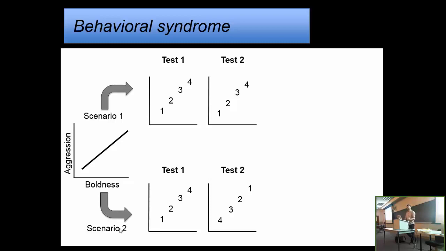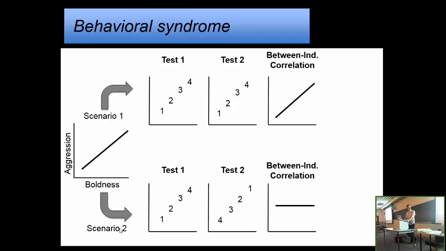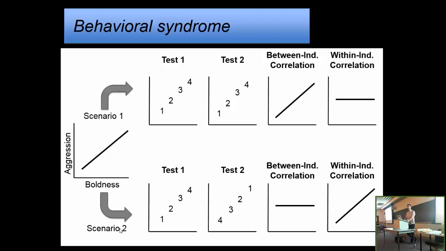And so recently people have applied some statistical models to try to partition between individual and within individual correlations, such that in scenario 1, where individuals have a particular behavior that's consistent over time, it's a between individual correlation, whereas in scenario 2, where individuals themselves are changing, but that relationship between the behaviors is still there, that comprises a within individual correlation.